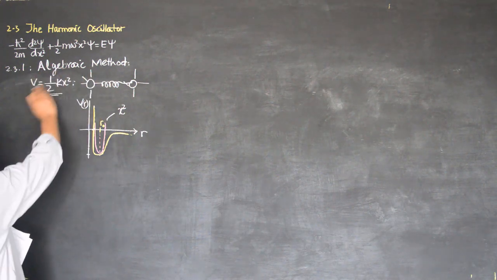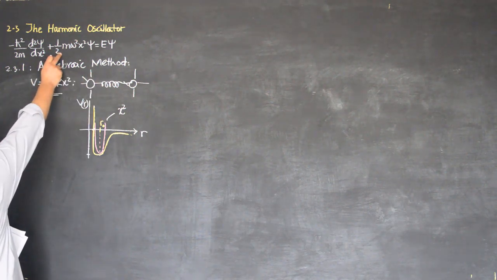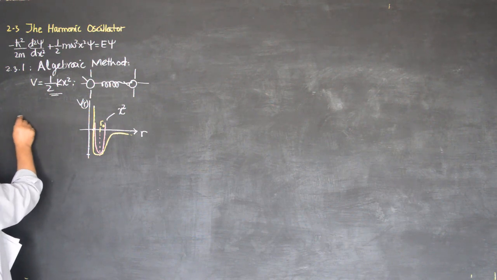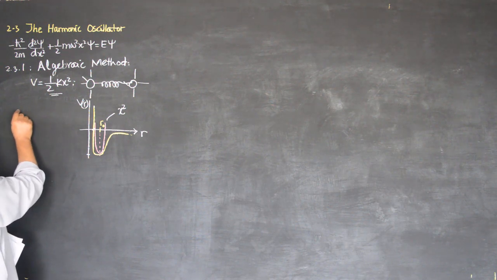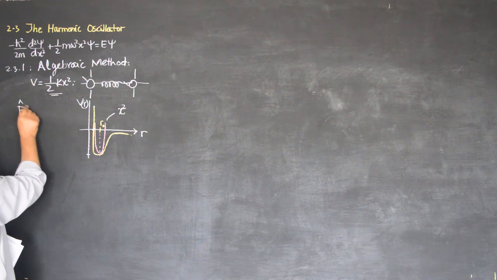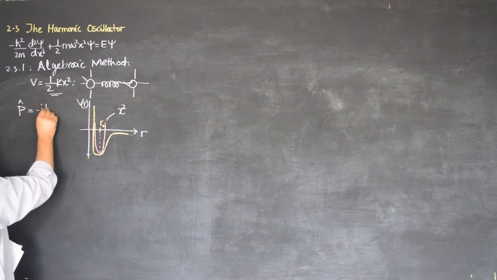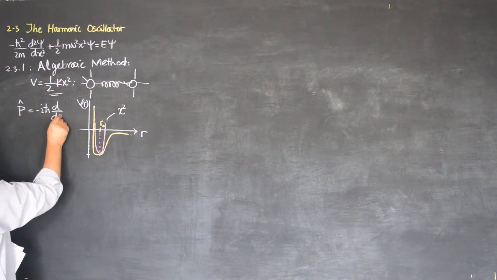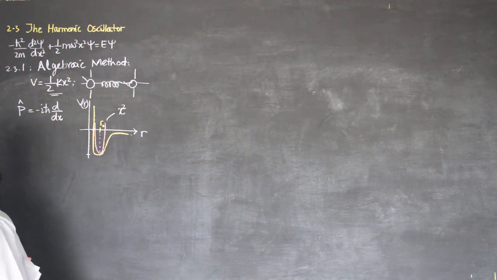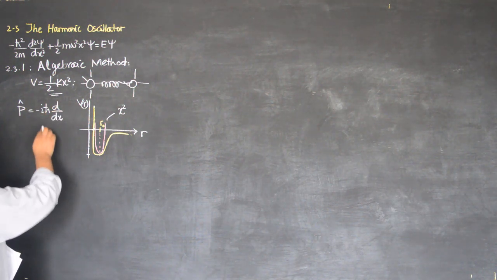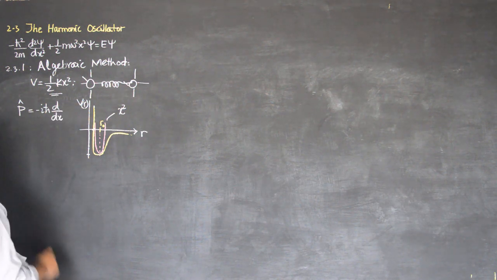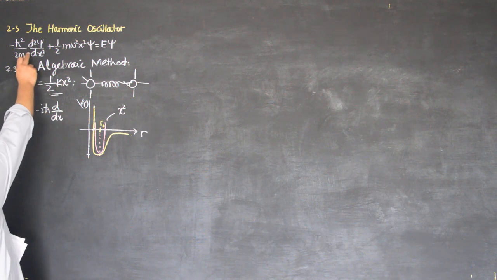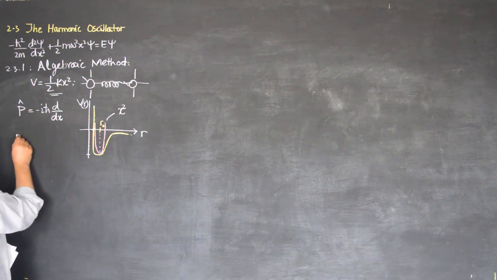So here in the algebraic method I will rewrite this equation. We know that for the momentum operator we write minus i h bar d by d x. If our wave function is only a function of x, then I can write it as a derivative instead of a partial derivative, and I can put it in this equation.